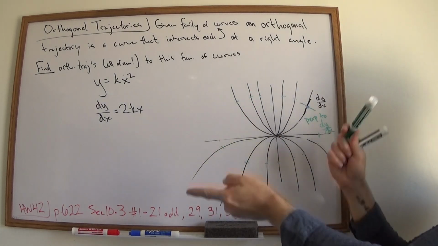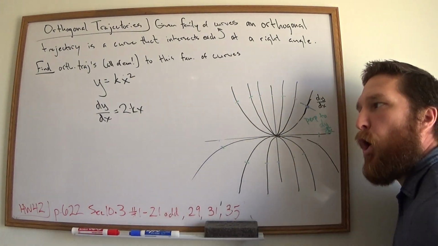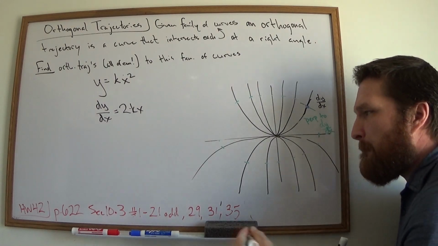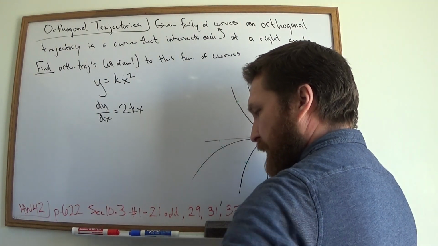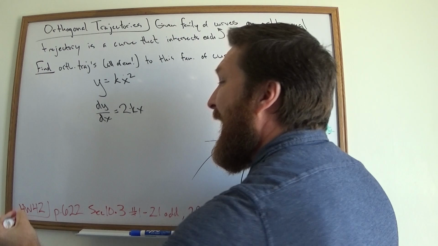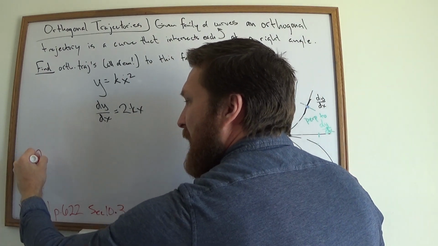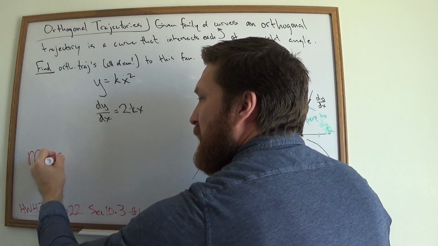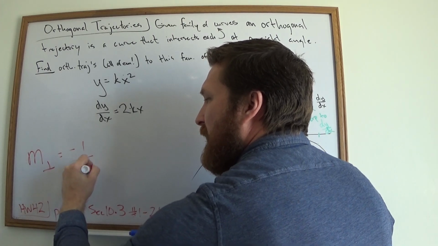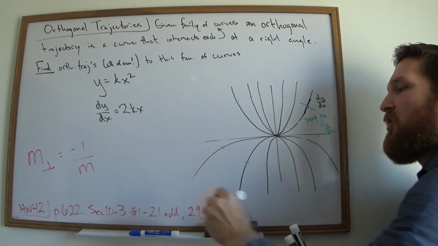Now it has to be the case that the green one's dy dx is perpendicular. Now this thing is a slope, right? What's a perpendicular slope? Negative 1 over. If you have some m and you want the perpendicular slope to it, you take negative 1 over whatever that original slope was.